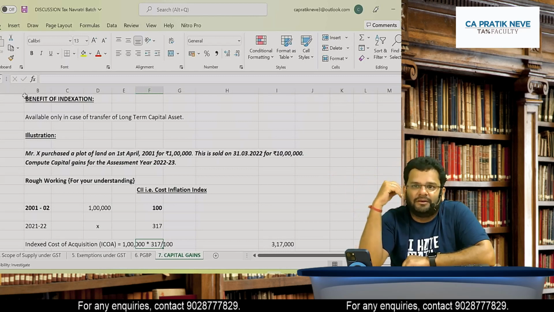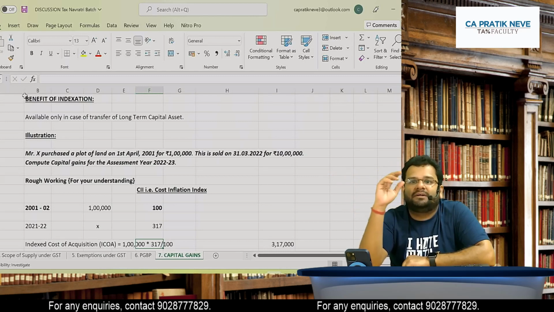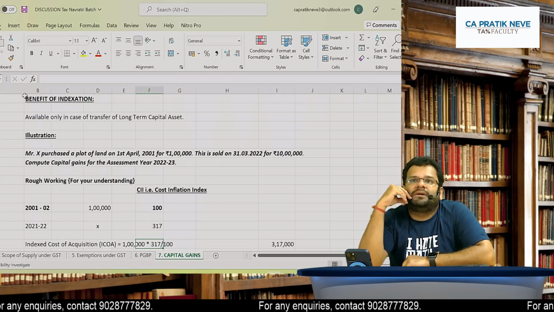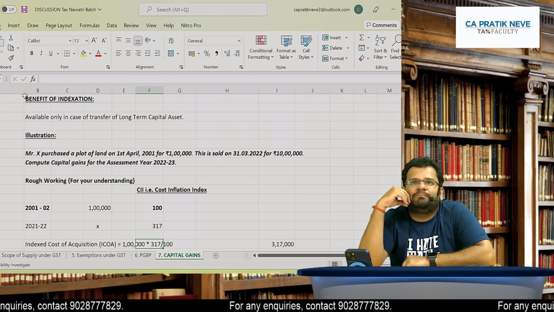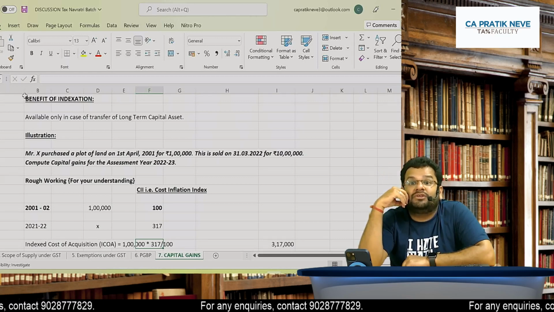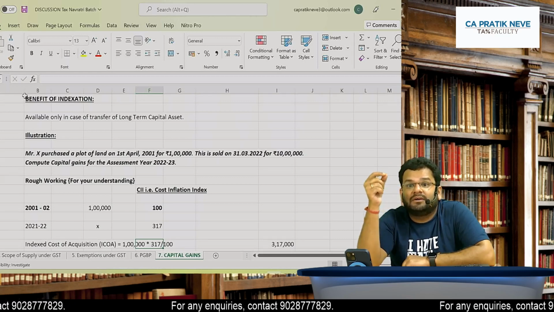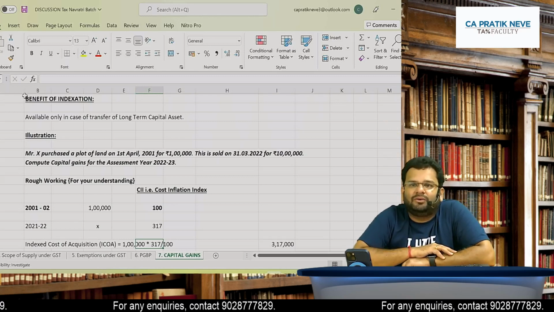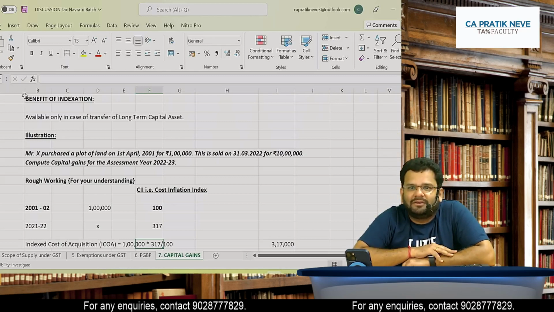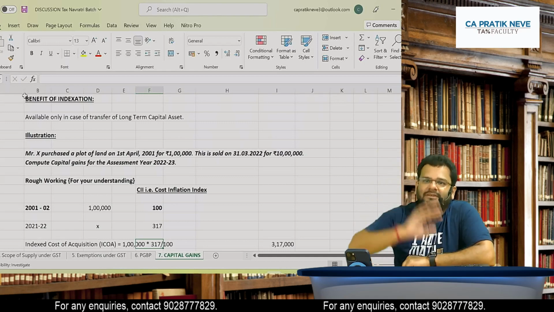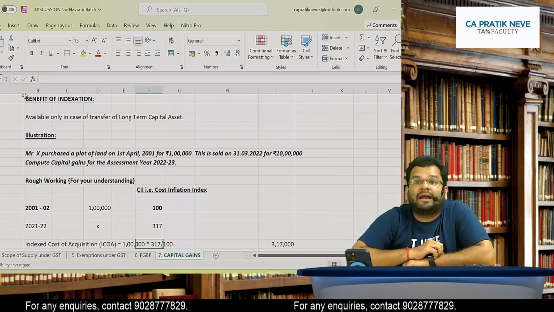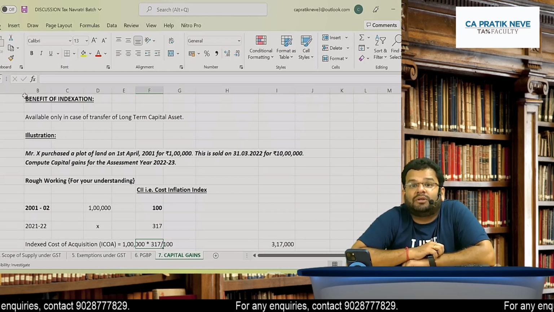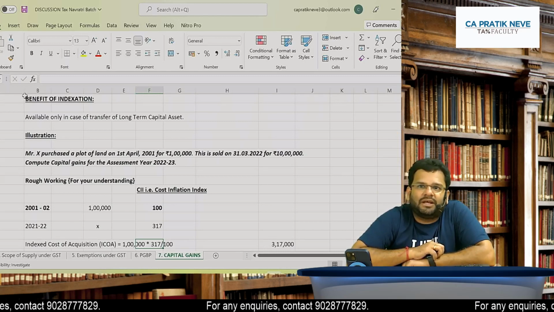Okay, listen. I will tell you with one example. I have a plot of land which was purchased in 2001. Assume there is one assessee who has purchased a plot of land on 5th May 2001, that is in financial year 2001-2.